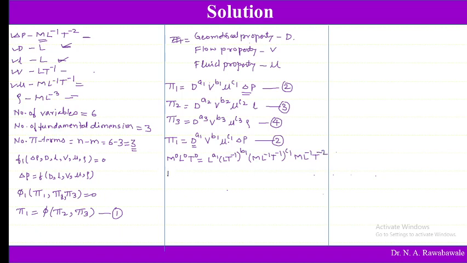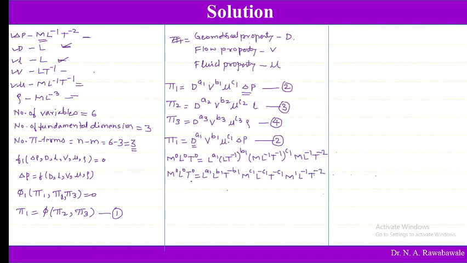So again we rewrite this as M to the power of 0, L to the power of 0, T to the power of 0, which is equal to L to the power of a1, L to the power of b1, T to the power of minus b1, M to the power of c1, L to the power of minus c1, T to the power of minus c1, M to the power of 1, L to the power of minus 1, T to the power of minus 2.